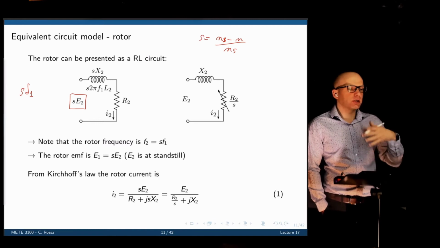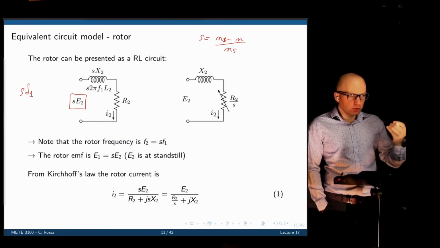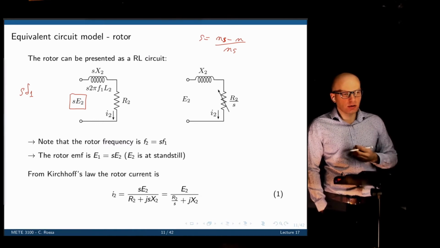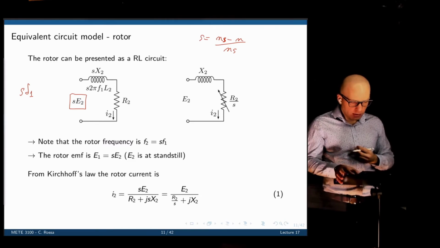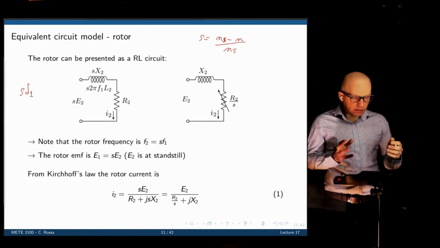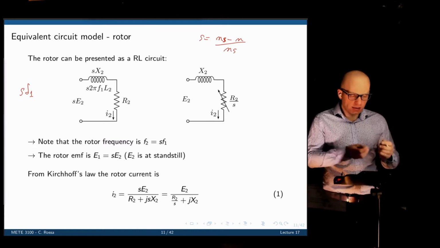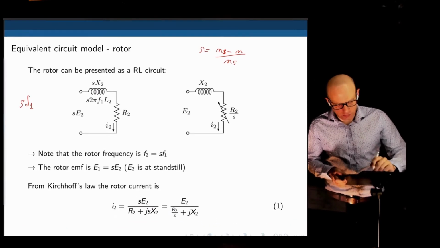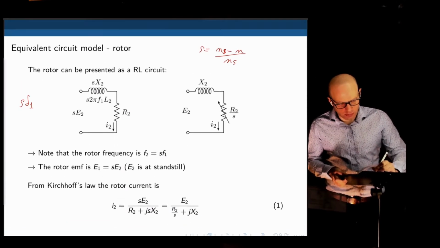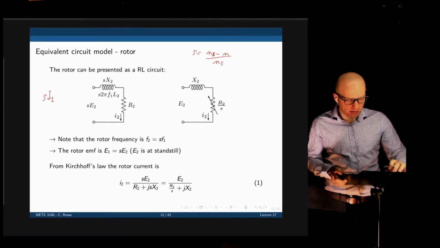As the rotor starts to rotate, that voltage decreases, and it goes to a value of S times E2. That's from lecture 16. So at standstill, we have E2. When the rotor rotates, it will be E2 times S, and that's the exact voltage input to the rotor as compared to the static case.